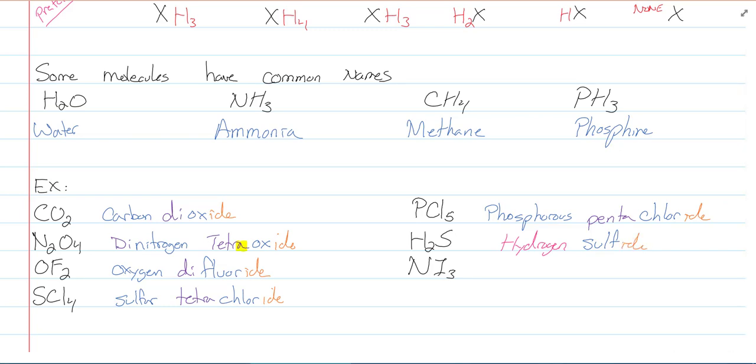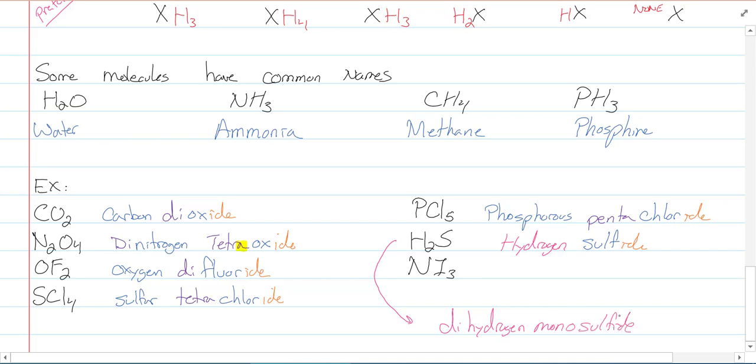Now, if you would write dihydrogen monosulfide, I personally would mark that right. But a lot of times we just call it hydrogen sulfide. And last but not least, nitrogen triiodide. If you notice, we do not drop the I's. So there's no I dropping there. So that would be molecular compounds.